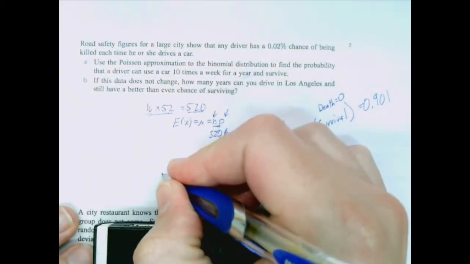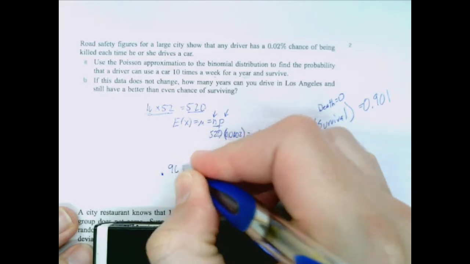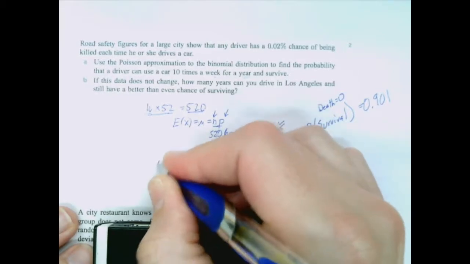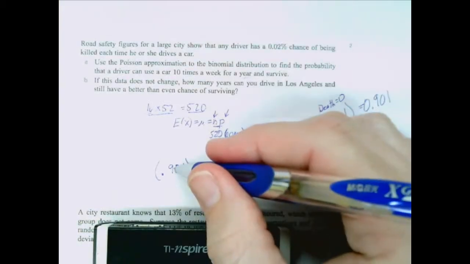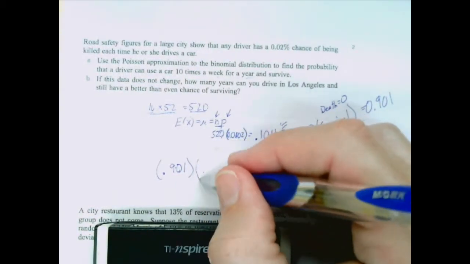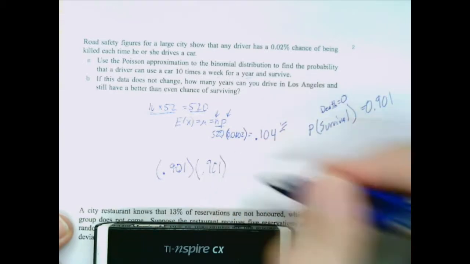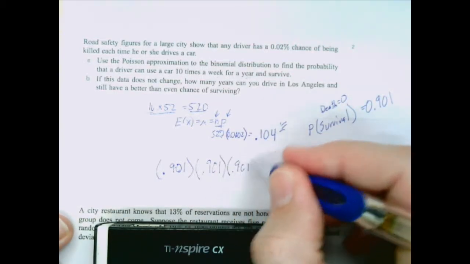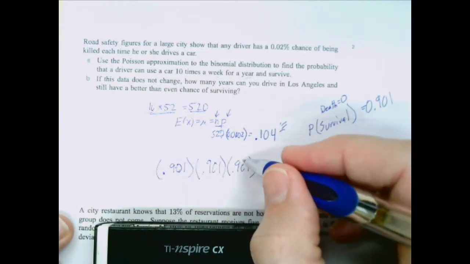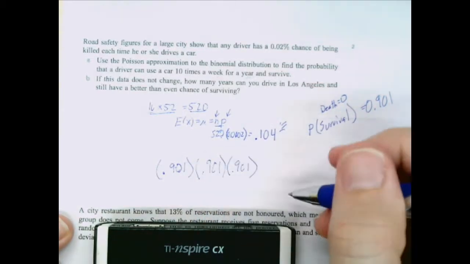So the first year, I have a 0.901 chance of surviving. If I survive the next year, that would mean I survived the first year and the second year, which would be 0.901 again. Each year that I survive, I multiply by 0.901 again.